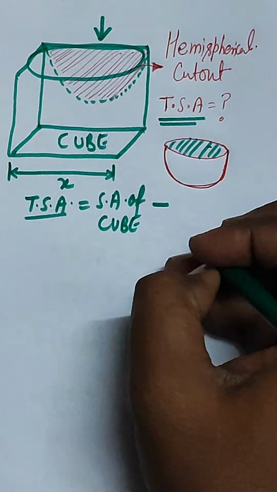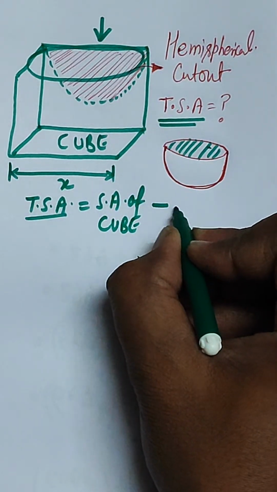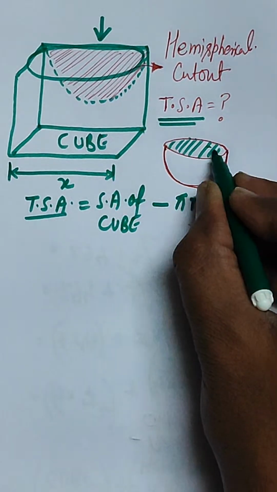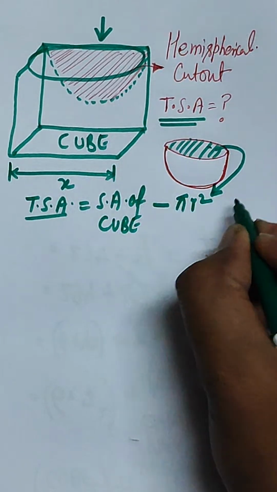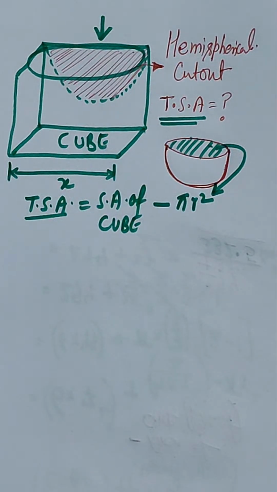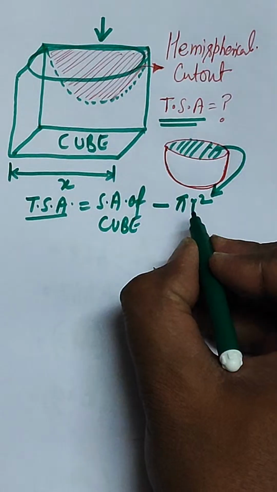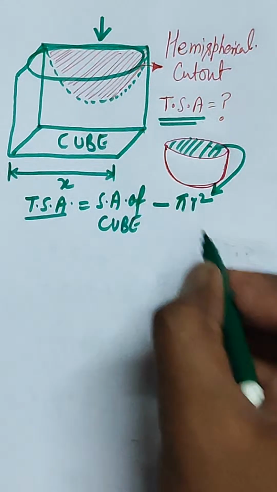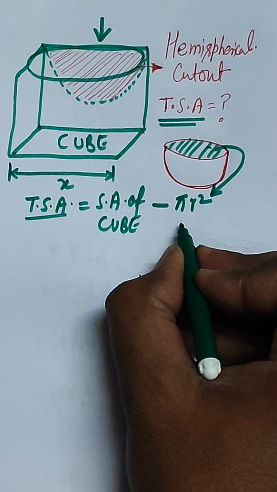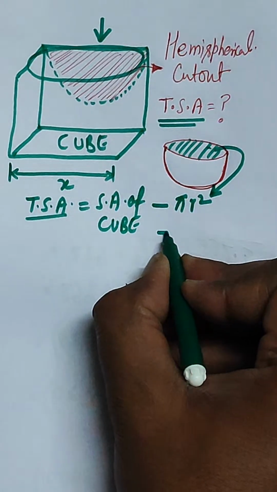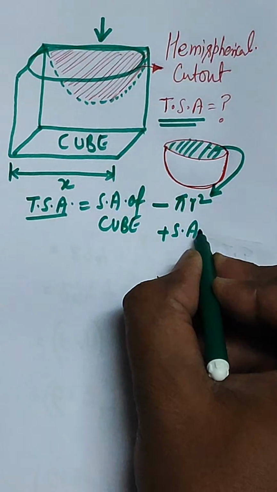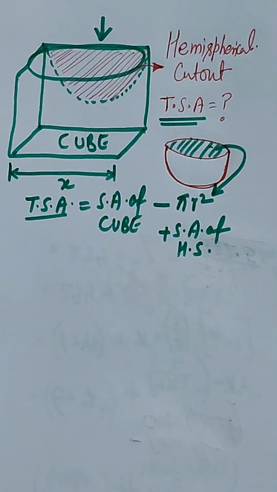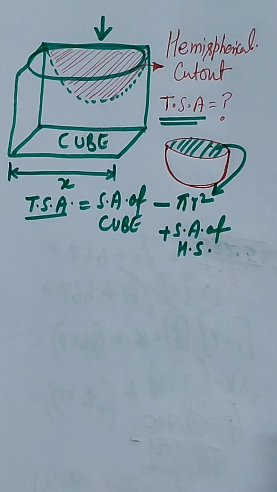So this area will be equal to pi r square, minus pi r square. This is the same area. Now plus the surface area of the hemisphere which is additionally introduced, so plus the surface area of the hemisphere.